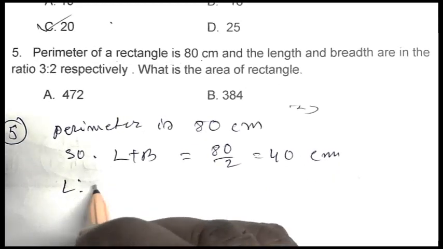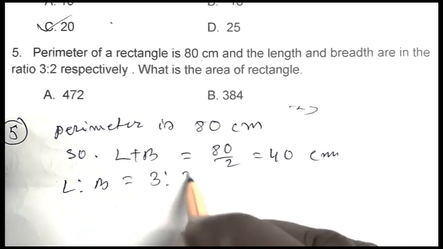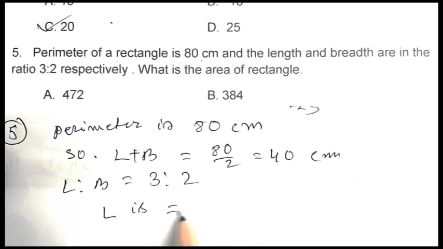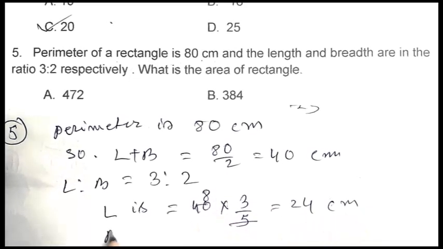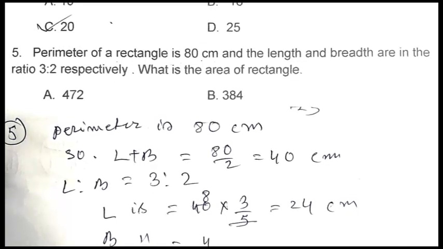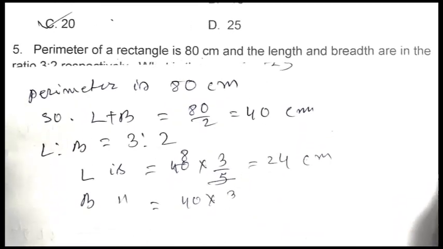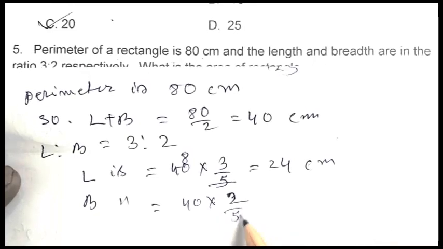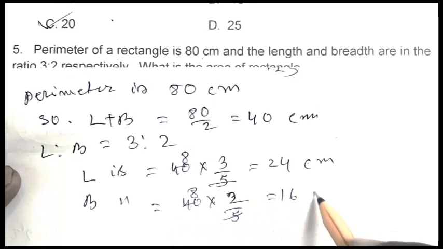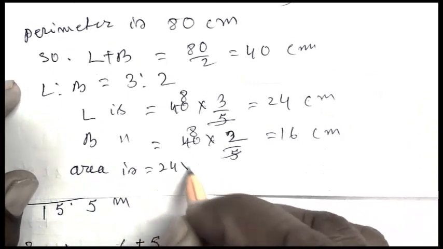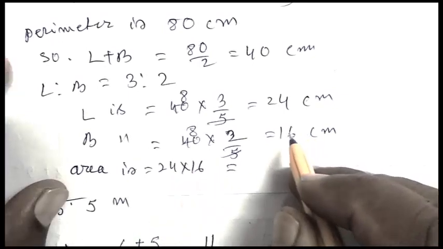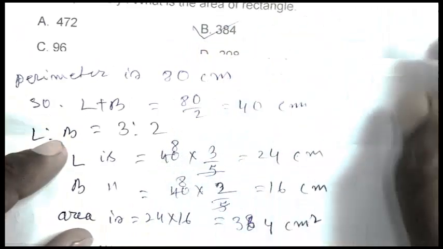The length is 40 into 3 by 5, that is 24 centimeter. The breadth is 40 into 2 by 5, that is 16 centimeter. Area is 24 into 16, that is 384 centimeter square. So B is the right answer.